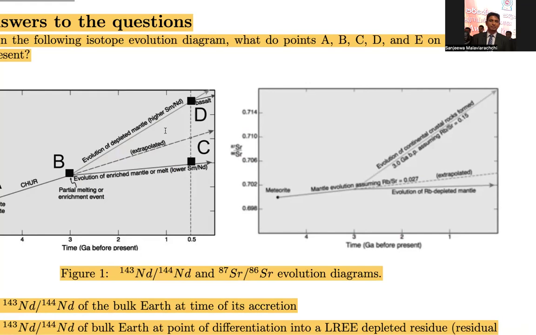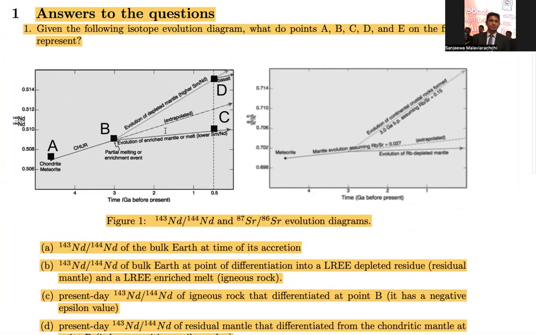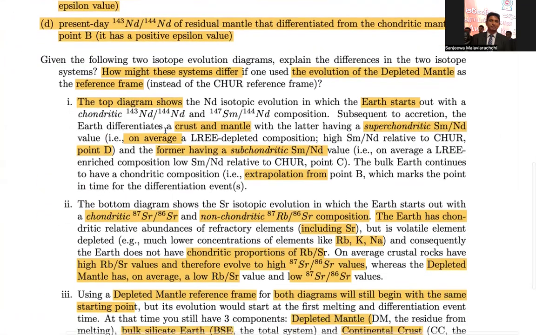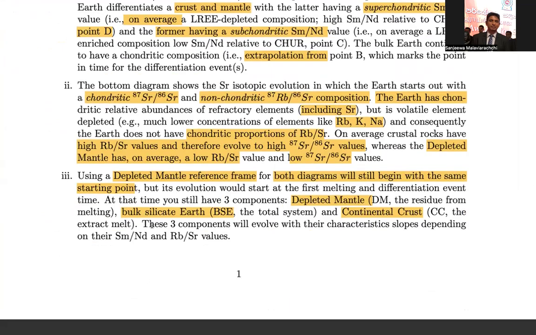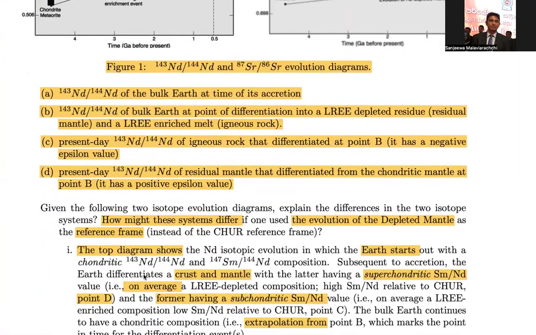It doesn't matter. The only difference comes when you calculate the model ages. Only then do these two reference frames need to be considered. For the diagram itself, you don't need to consider anything differently.